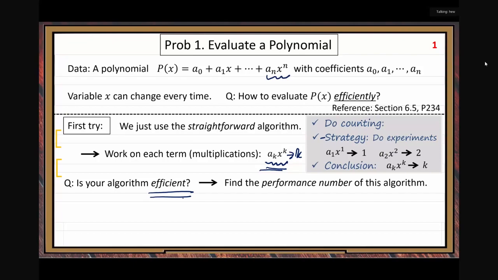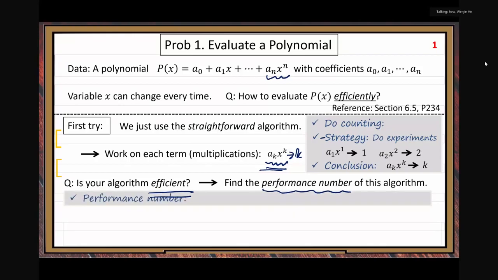At this point, let me say something about it. We need a performance measure for each algorithm. Otherwise, how do you measure if an algorithm is fast or slow? You need some numbers, performance numbers, efficiency numbers to tell you how fast it is.